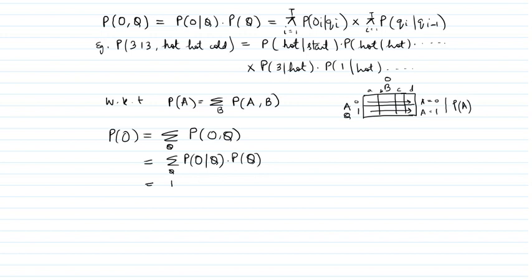So that will be P of O1 O2 dot dot dot OT given Q1 Q2 dot dot dot QT dot P of Q1 Q2 dot dot dot QT.